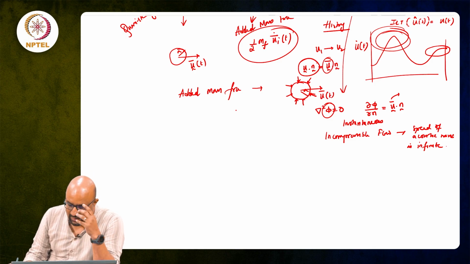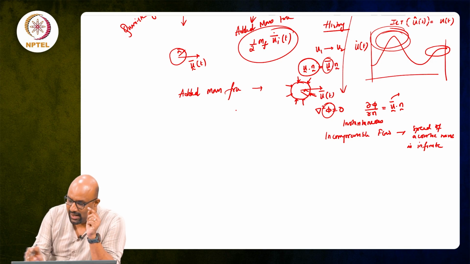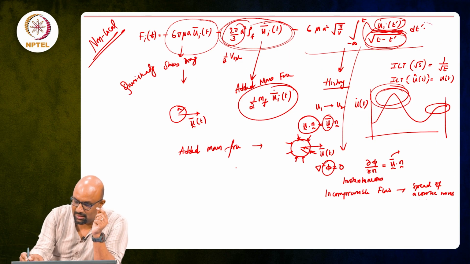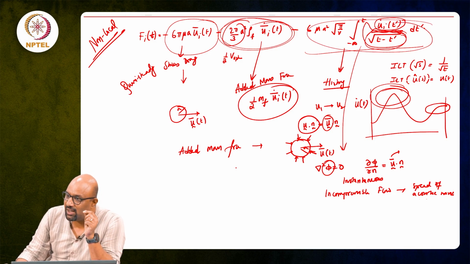So, the reason for all this discussion is that the added mass force in an incompressible fluid is only dependent on the instantaneous acceleration. It is not dependent on the history of acceleration. Whereas the viscous force, which is what you are seeing here, this viscous term, is coming because you have to also satisfy the no slip boundary condition.